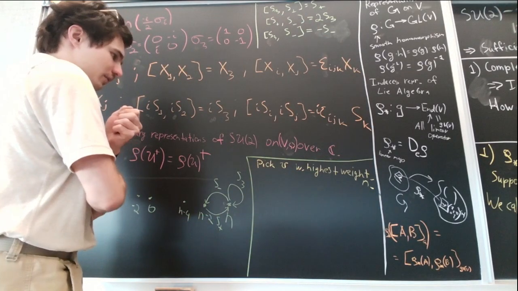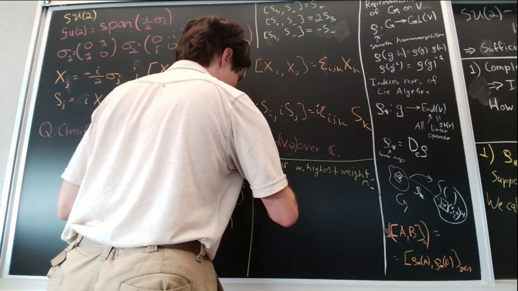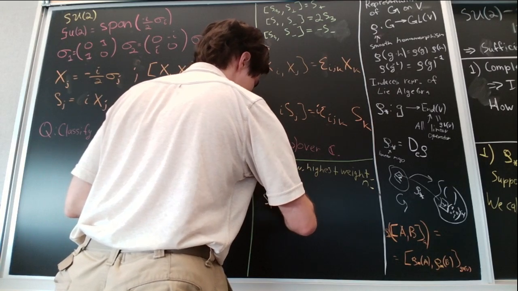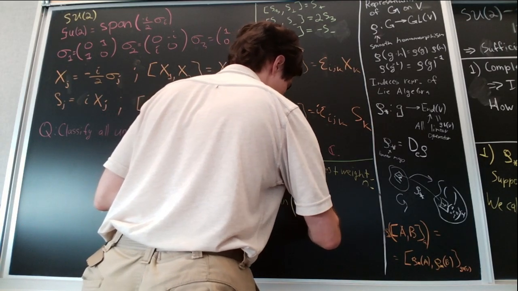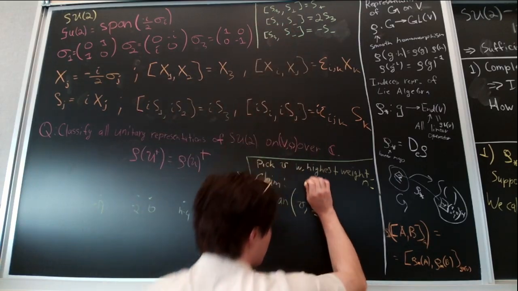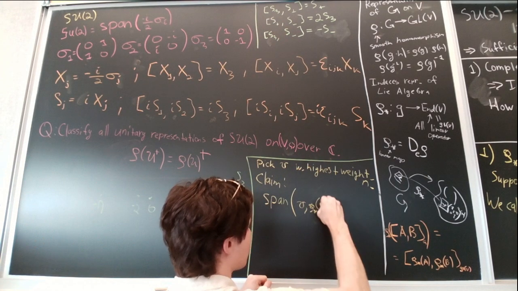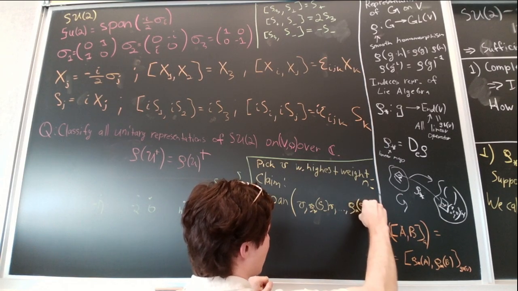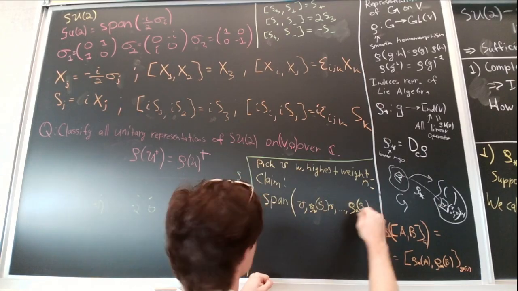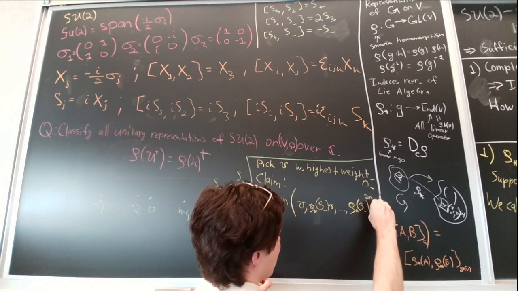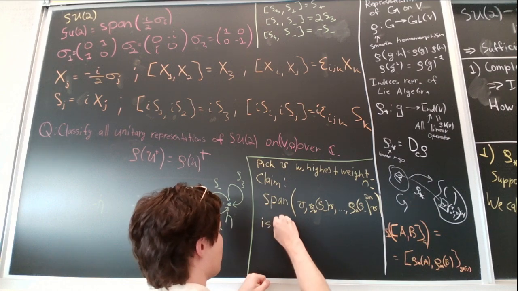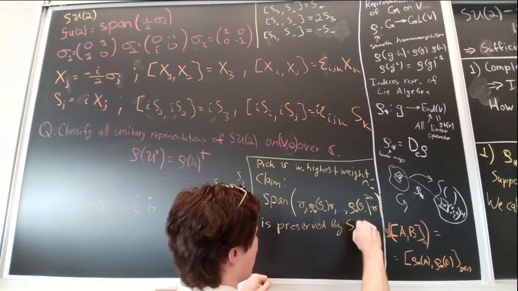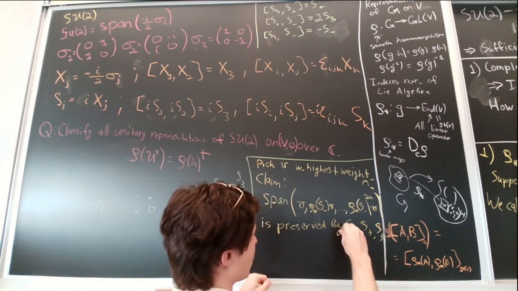And then the real claim I'm trying to tell you is that the span of V, rho star of S minus applied to V, and then rho star of S minus applied 2n times to V, is preserved by rho star of S minus, S plus, and S3.